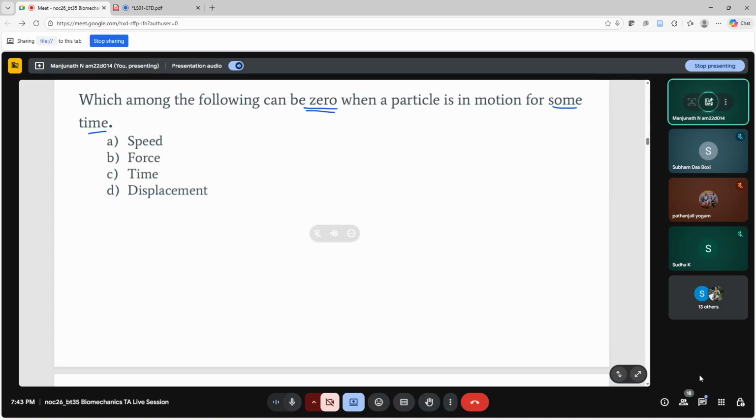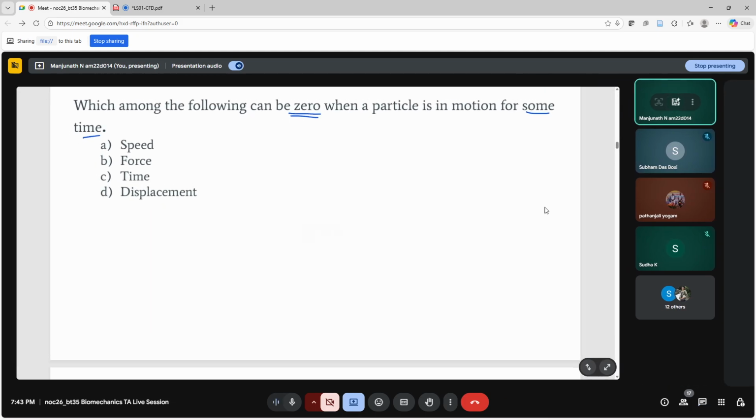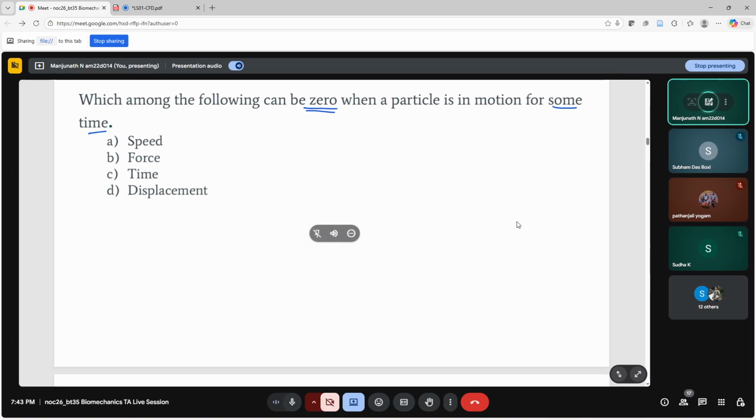Most of you have answered displacement, D. This is something tricky when you are attending exams. This is actually a previous year question.